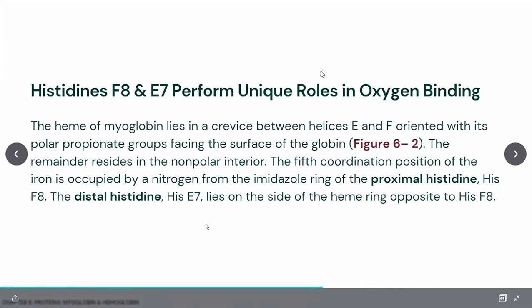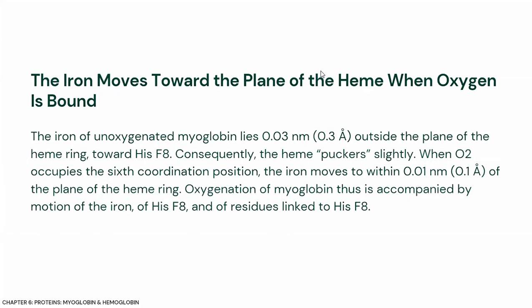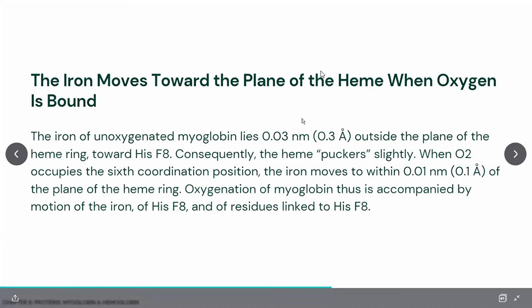The iron moves towards the plane of the heme when oxygen is bound, and the movement is about 0.3 nanometers. So it is outside of the plane and it is moved by this movement, 0.3 nanometers or 0.3 angstrom. Okay, look at this.